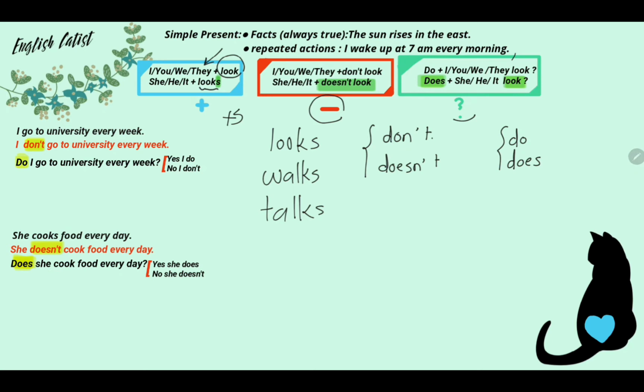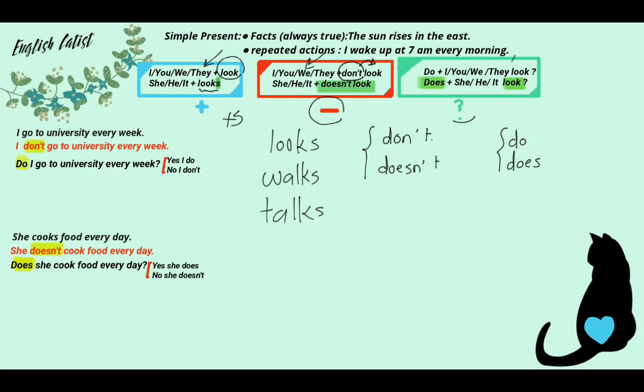Now, what is happening? Look at here. For making a sentence negative for I, you, we, and they subjects, we use don't plus our simple verb. And if our subjects are she, he, and it, we need doesn't.